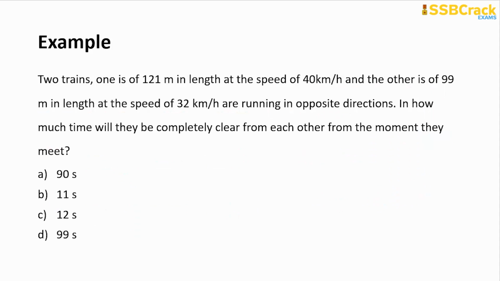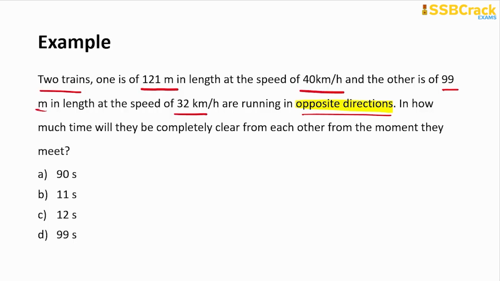As said, there will be two trains given. One is of length 121 meters, and the speed of that first train is 40 km per hour. There is another train which is 99 meters long, and it is running with the speed of 32 km per hour, and they are running in opposite direction. Very important, you have to understand the direction in the question also, so that you apply the correct formula.